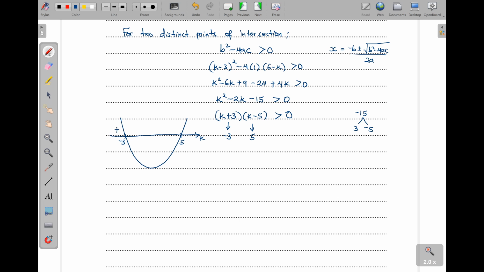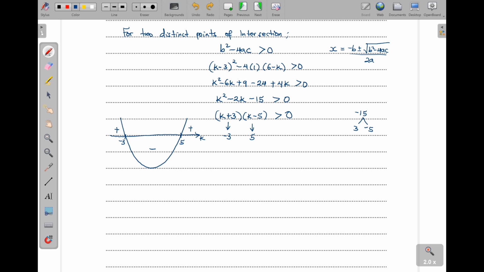This one is positive because this graph is above this axis, and also this one is positive. For any value you get for k here, this one will continue rising like that. Then, in between these two, we see that the curve is below the k-axis, so this one is a minus. Now we are looking for the regions which are greater than 0, where this graph is above the k-axis. So it is here and then here.